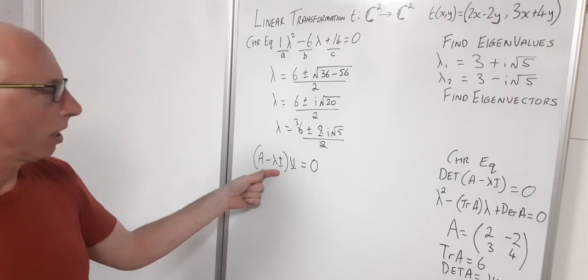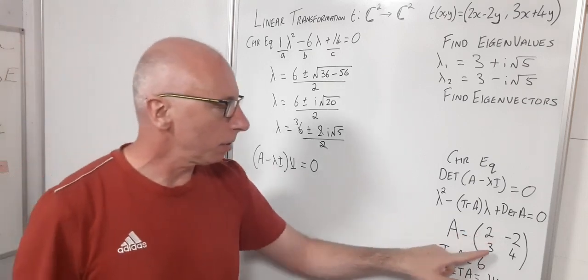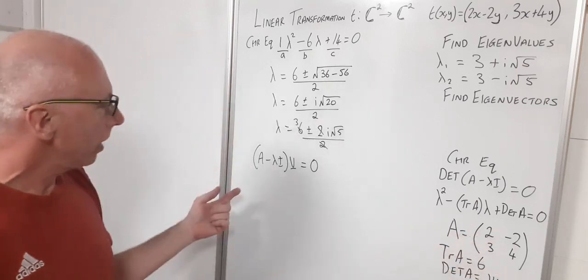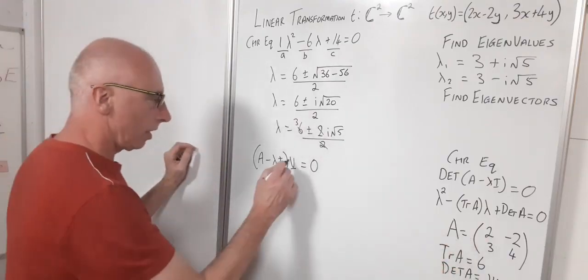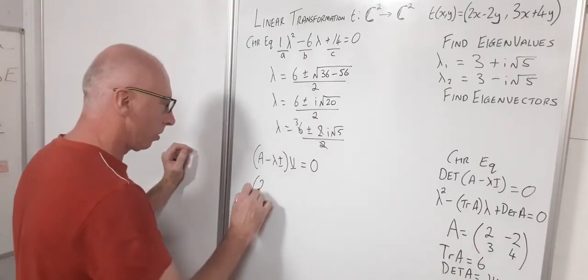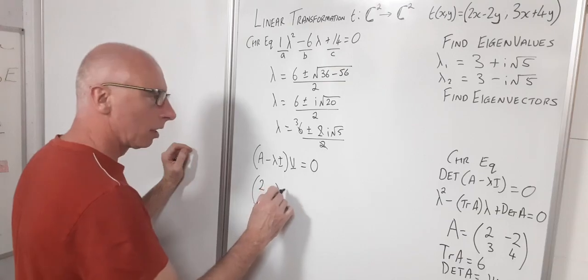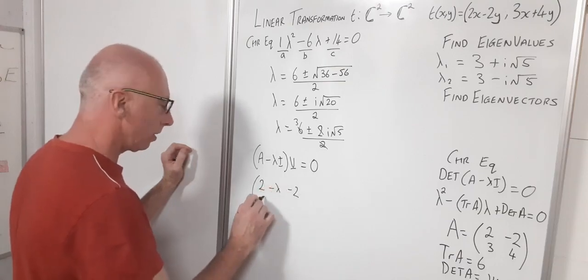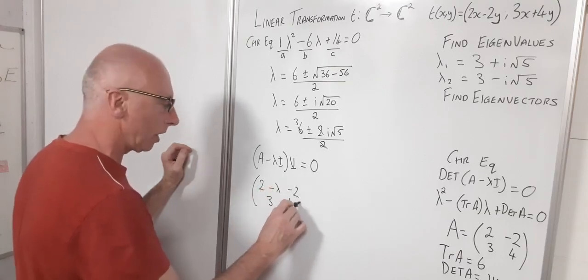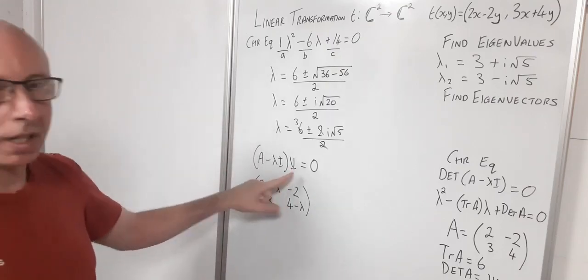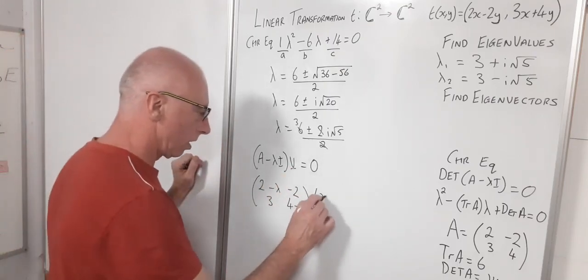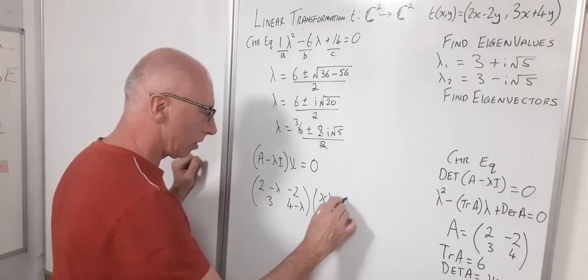Multiply that by lambda, we get lambda 0, 0, lambda, and then subtract that from A, this one will now become 2 minus lambda, minus 2, 3, and 4 minus lambda. And then the vector v will be just x and y, and then that's set to 0.